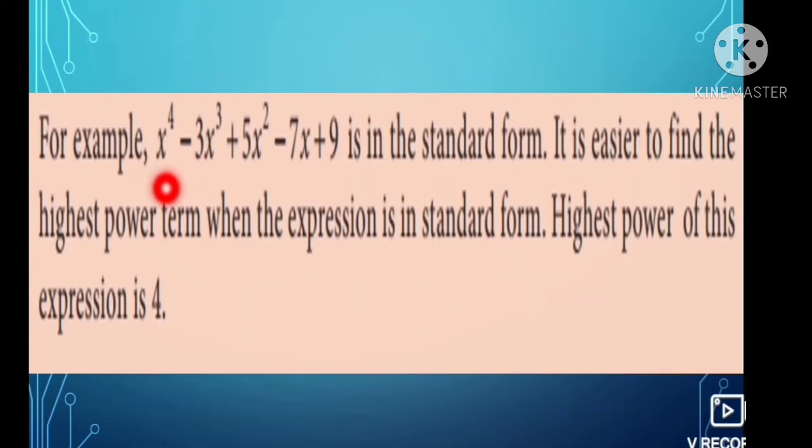For example, here x power 4 minus 3x cube plus 5x square minus 7x plus 9 is a polynomial, and here the polynomial is in descending order, isn't it? That is, the powers of x are 4, 3, 2, 1 in descending order.